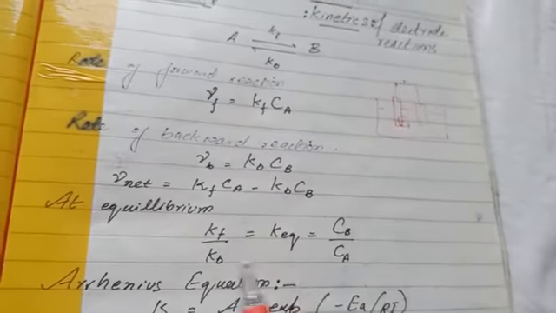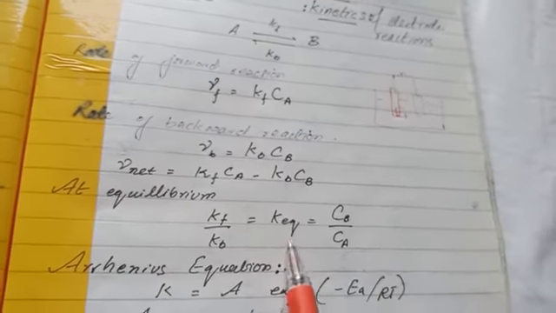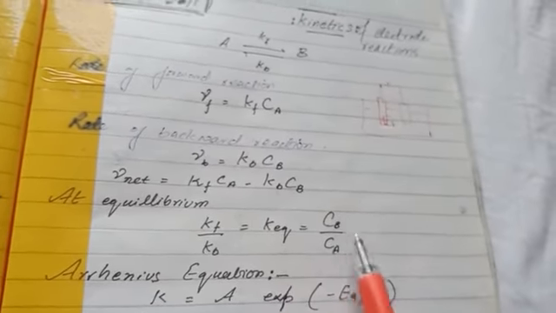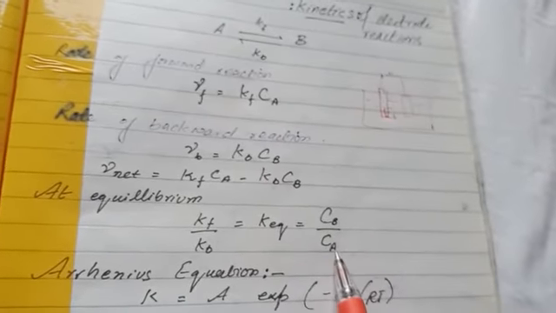So this K equilibrium constant is equal to the concentration of reduced over concentration of oxidized species.